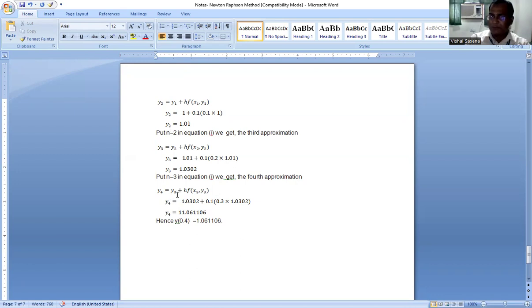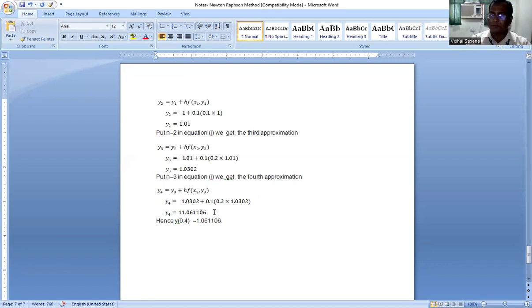Now put the values of y3, x3, h and the function. On solving this term, we get the value of y4, and that is coming out as 1.106. What is the meaning of y? Y means the solution. That is the solution for our given differential equation, and it corresponds to the value of x4.